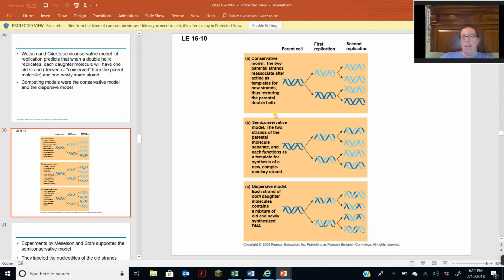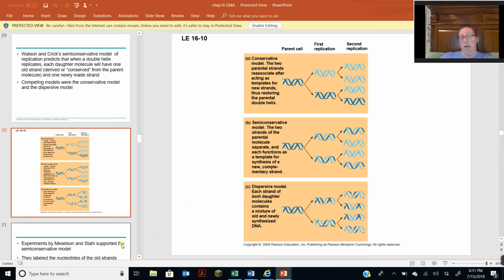Again, with everything we do, there's a hypothesis, right? So the question becomes, does DNA replicate by a conservative model, a semi-conservative model, or a dispersive model?